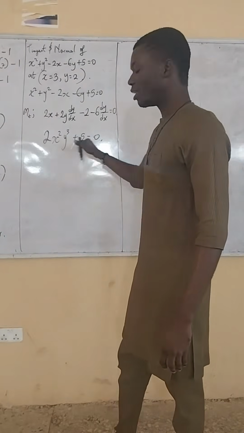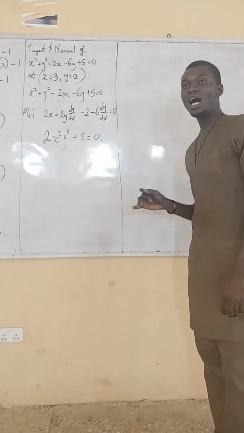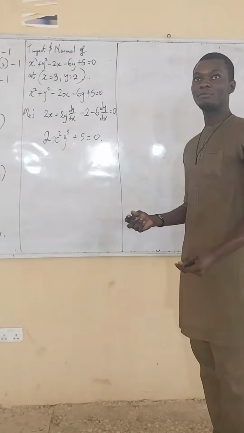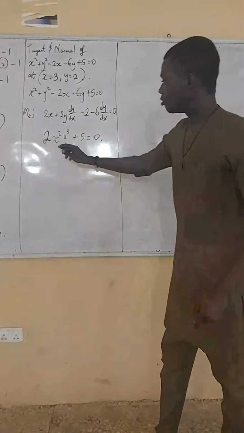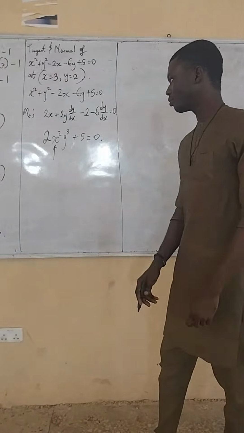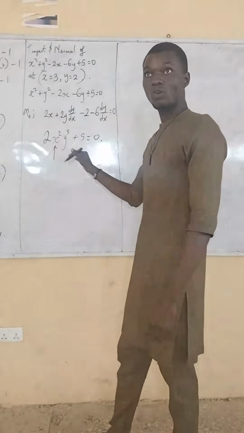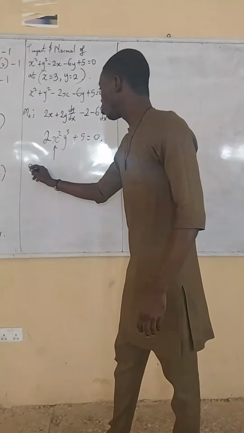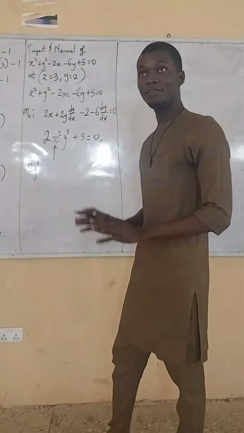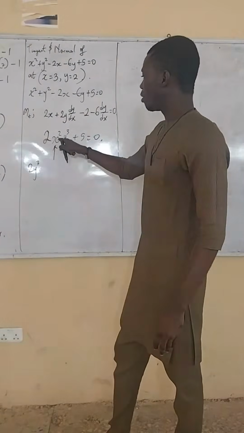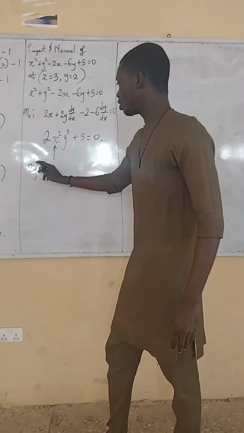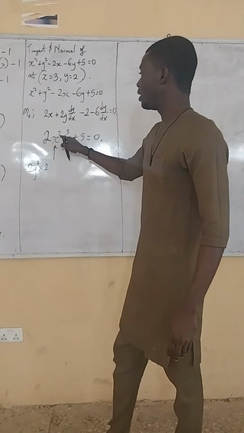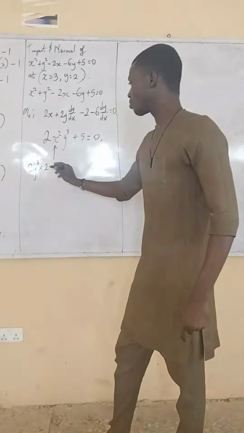If this is an implicit function and you have to find its derivative, first of all you find the derivative with respect to x. Meaning that all of that, 2y cubed, will be the coefficient. Now x squared, that means the 2 will multiply this one, so it becomes times 2x.